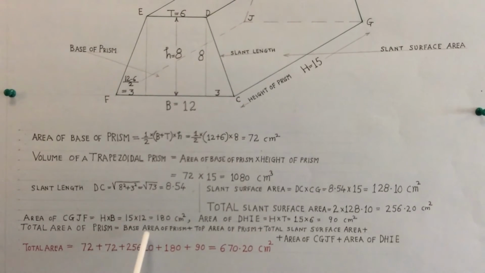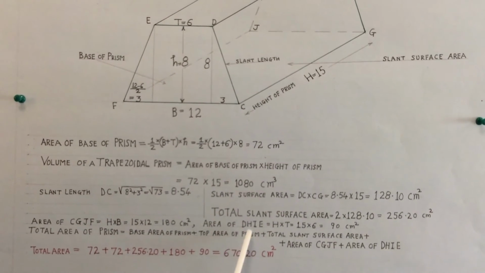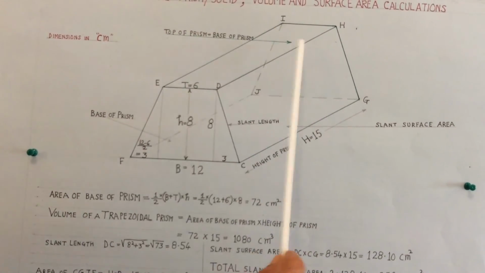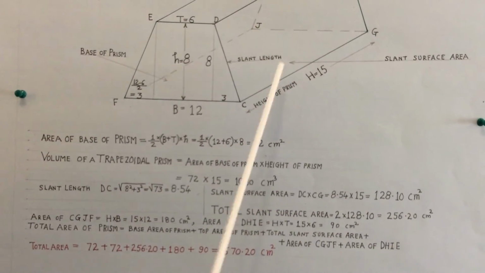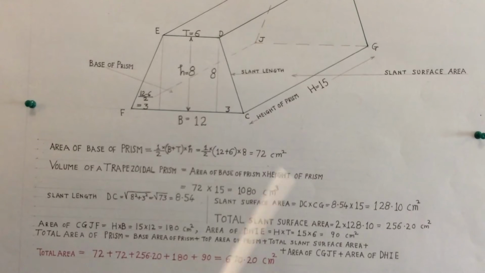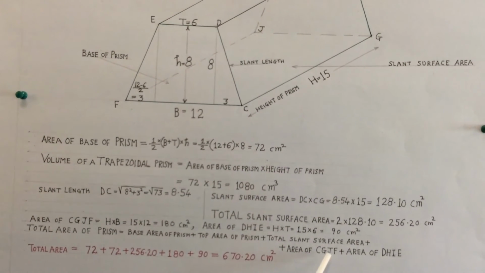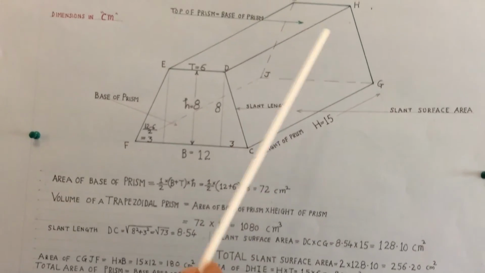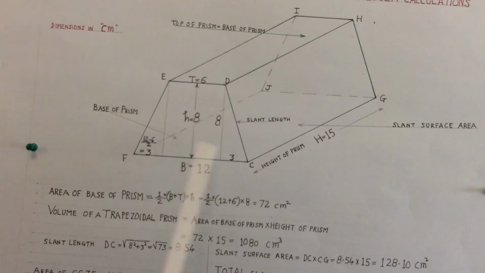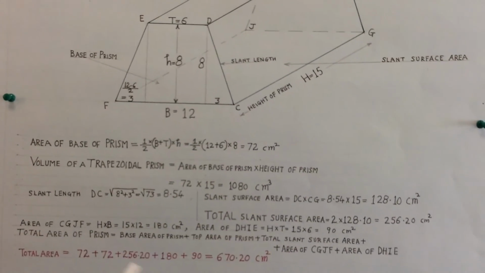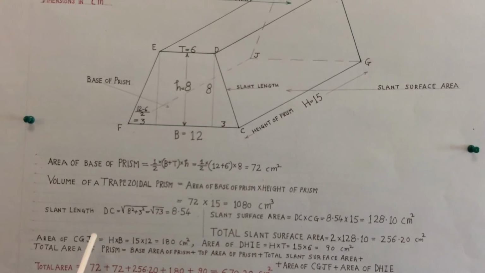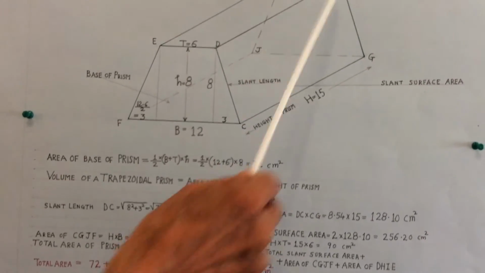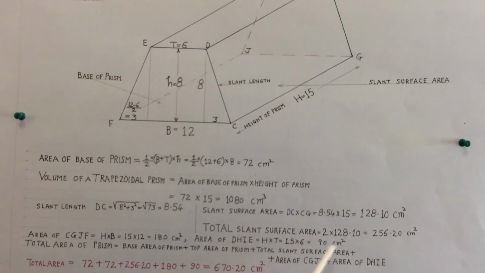The total area of the prism will be the base area of the prism plus top area of the prism. Base area this, then top area will be this, both will be same. Then total slant surface area which we have calculated just now, 256.20, then area of the CGJF, 15 into 12, 180 centimeter square, and area of DHIE, that is the top surface, 90 centimeter square.